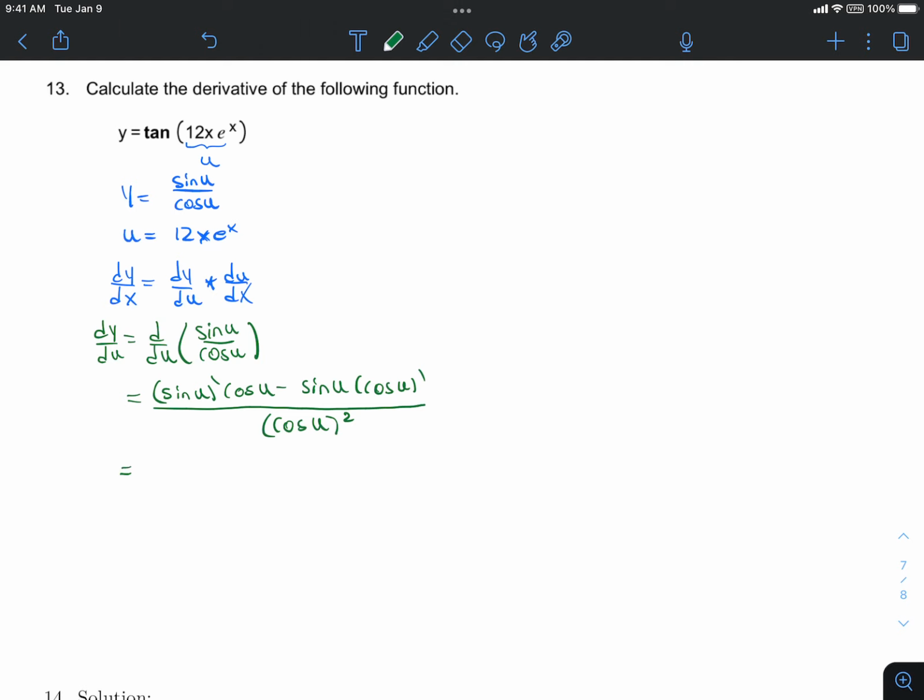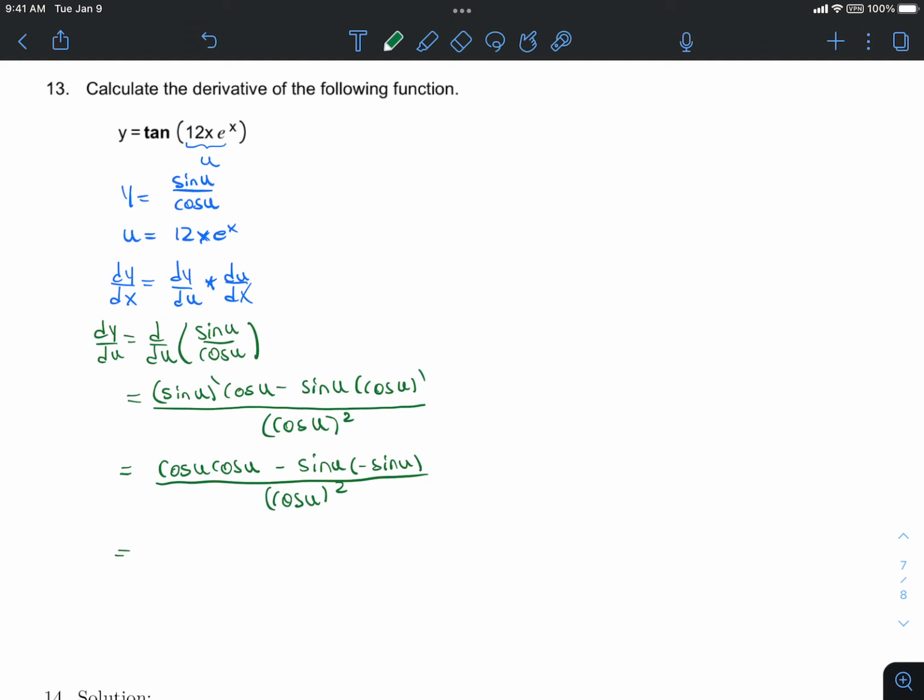And that's going to give me the derivative of sine, which is cosine, times cosine, minus sine times the derivative of cosine, which is minus sine, and all that over cosine u squared, or cosine squared u, the same thing.